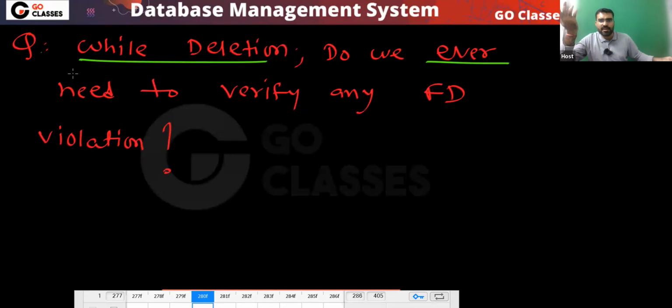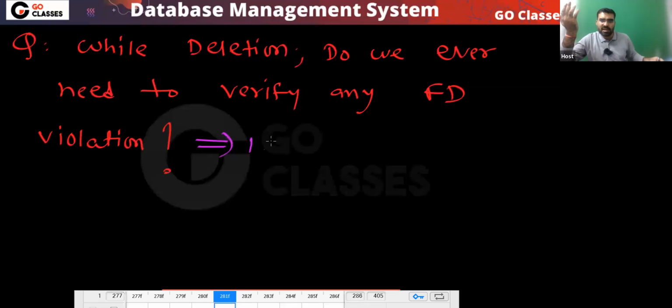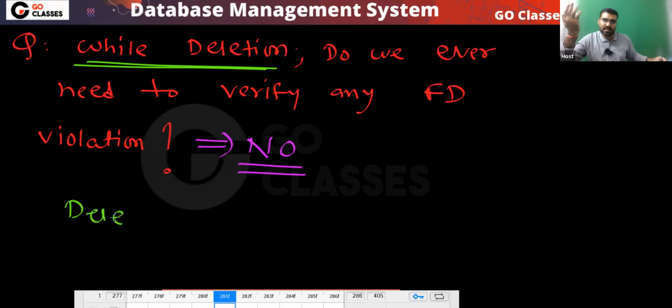If you delete some data, can you violate some FD? You can never violate an FD, right? A very simple point: if you are deleting data, you can never violate an FD.